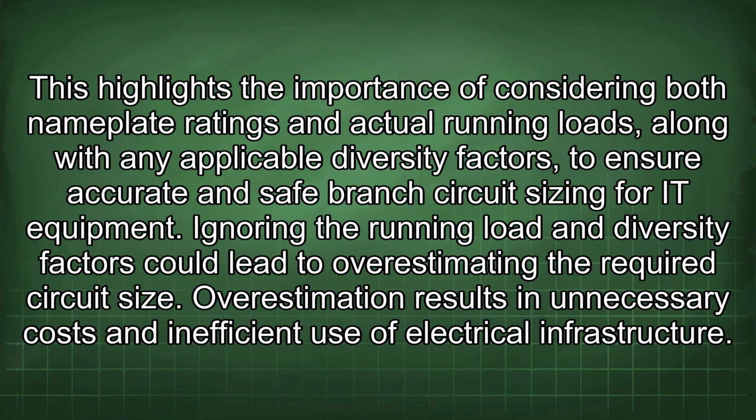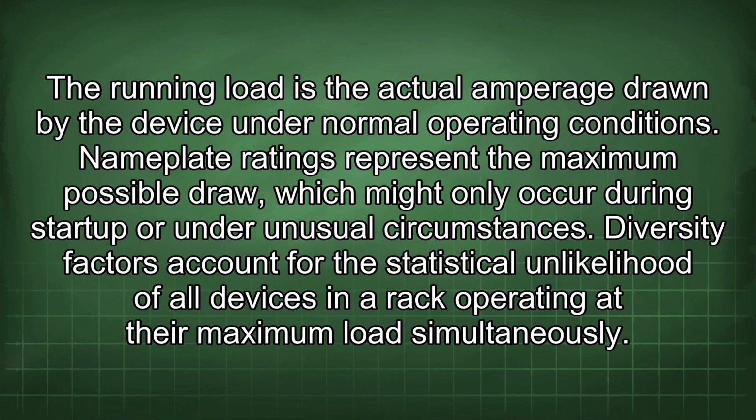Ignoring the running load and diversity factors could lead to overestimating the required circuit size. Overestimation results in unnecessary costs and inefficient use of electrical infrastructure. The running load is the actual amperage drawn by the device under normal operating conditions. Nameplate ratings represent the maximum possible draw, which might only occur during startup or under unusual circumstances.